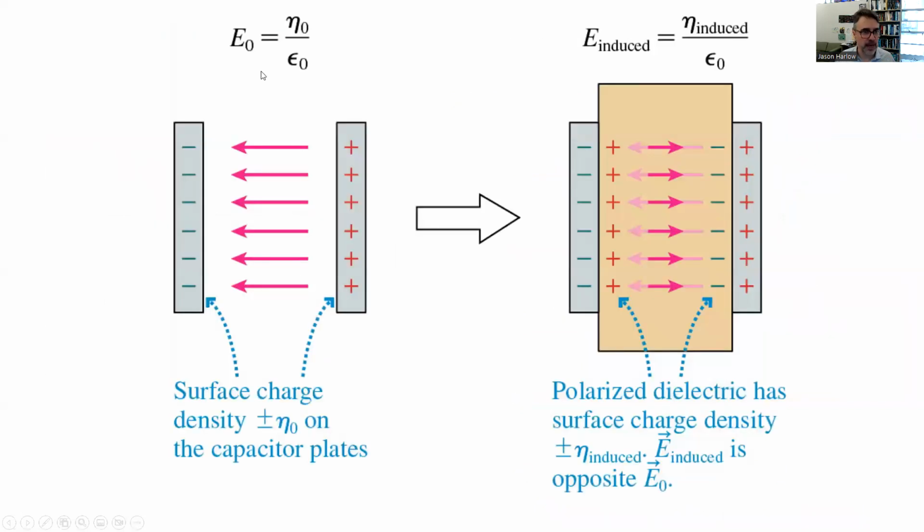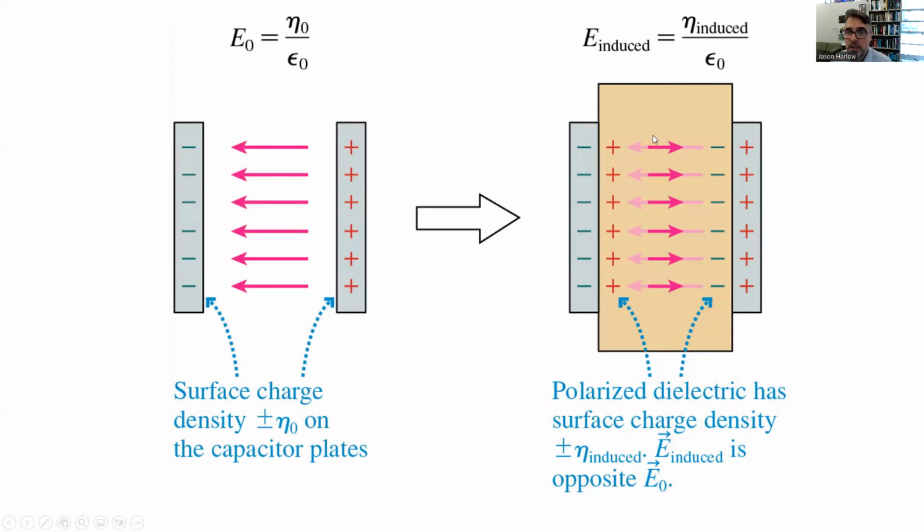So if you imagine eta here, eta_0, as being the charge divided by the area, so the surface charge density on these capacitor plates, that will set up an electric field. So Q over A, and then there's an epsilon naught on the bottom. That gives you the electric field in a vacuum.